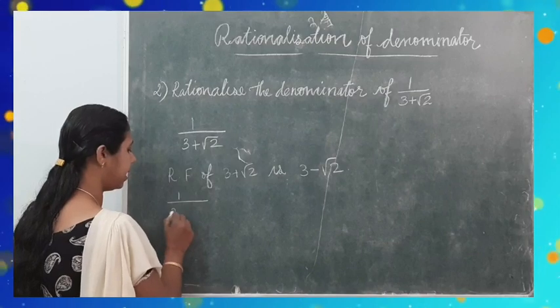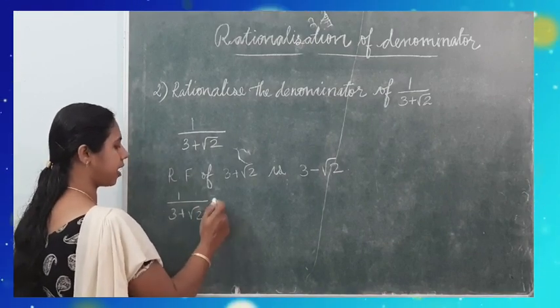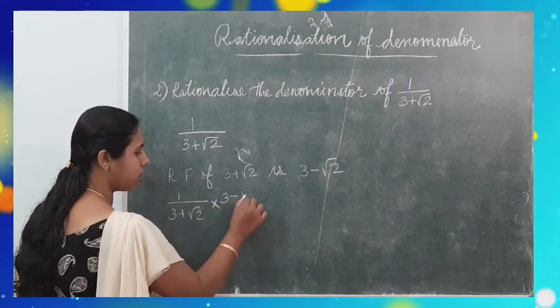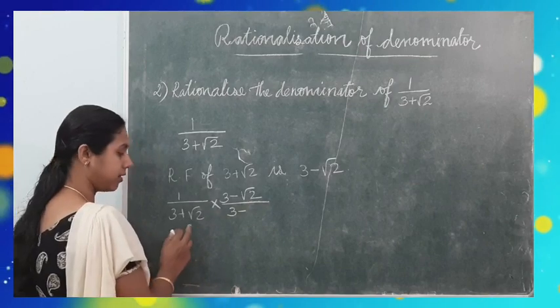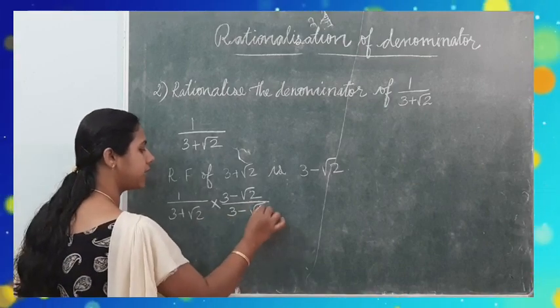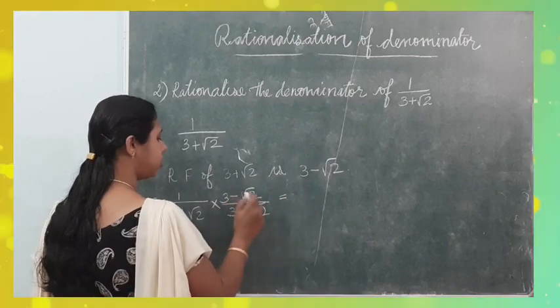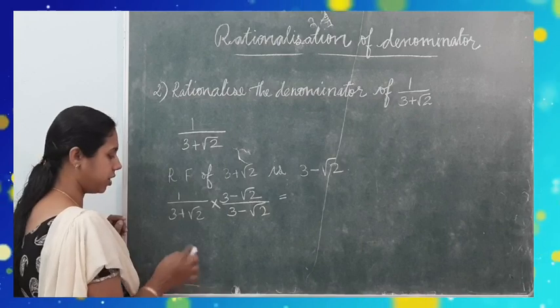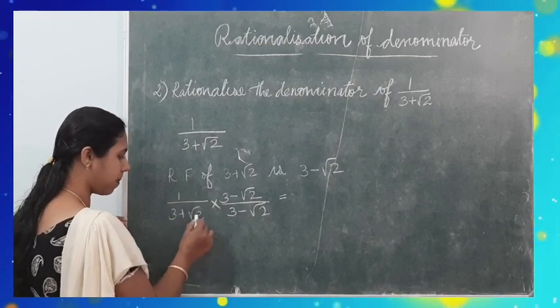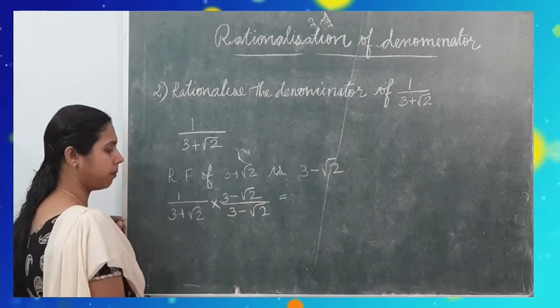So 1 by 3 plus root 2 into the rationalizing factor, which is 3 minus root 2. Multiply numerator and denominator by the rationalizing factor, that is 3 minus root 2. So which is equal to 1 into, multiply the numerator and multiply the denominator. Here the denominator is in the form of a plus root b into a minus root b.